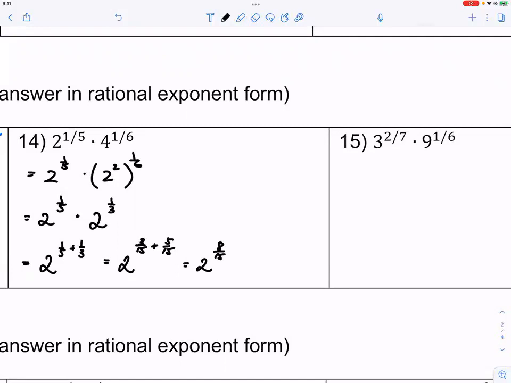All right, so you have 3 to the 2/7 power times, and then we need to get the bases the same. So we will rewrite the 9 as 3 squared. So we have 3 to the 2/7 power times 3 to the 1/3 power.